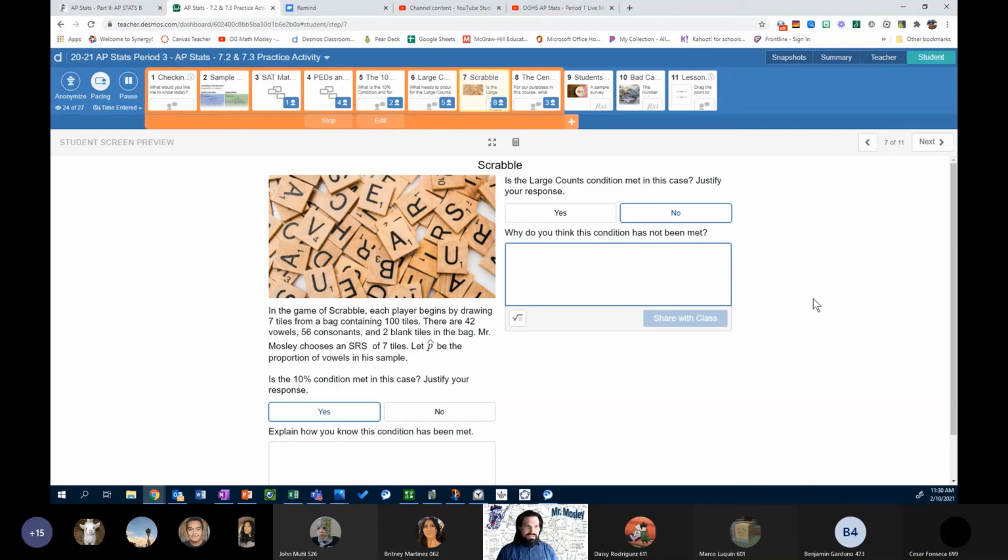It means I cannot say that the sampling distribution is normal. Any questions about this example? So again, yes to 10%, no to large counts.